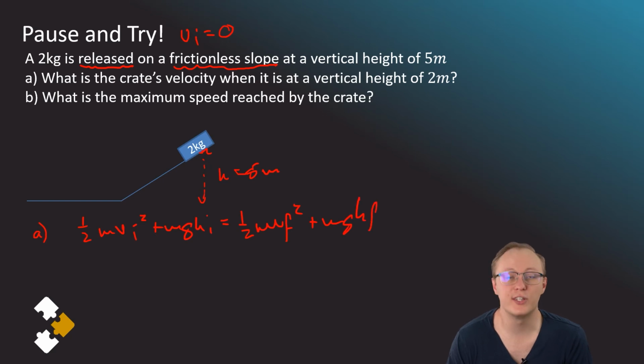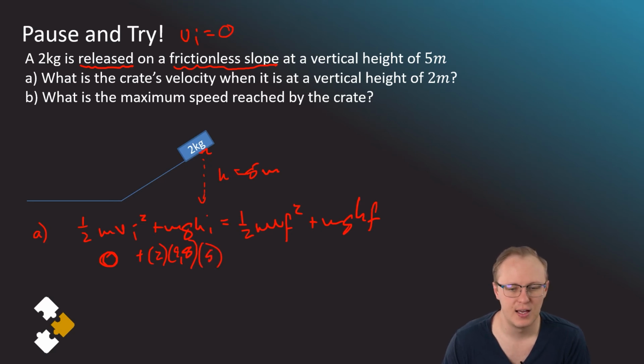Okay, and then we're just going to substitute in for what we have. Now here we know that we released the object, so the velocity was 0, so this whole term is going to be 0. And then we know this is going to be the 2 times the 9.8, and then the initial height was the 5 meters. And we want to know, well, how fast is it going when the height is 2 meters?